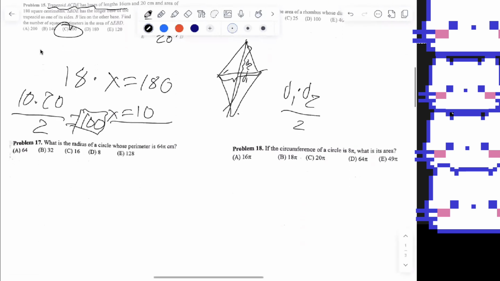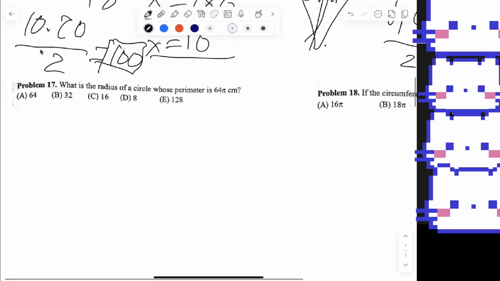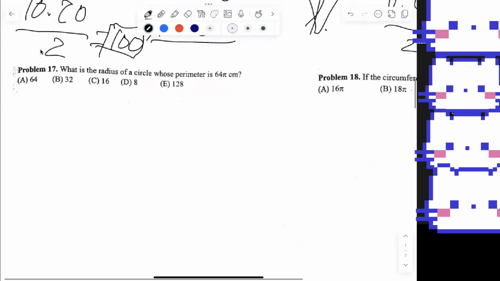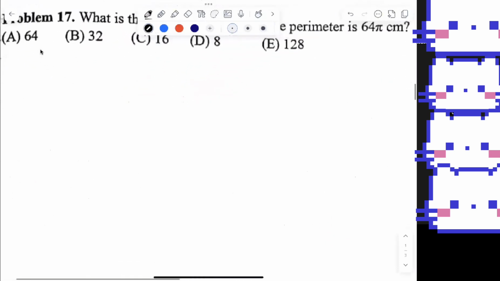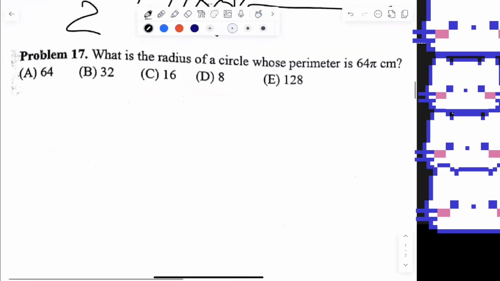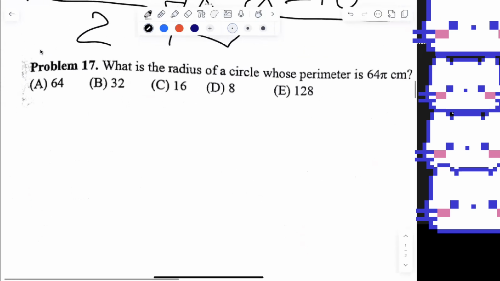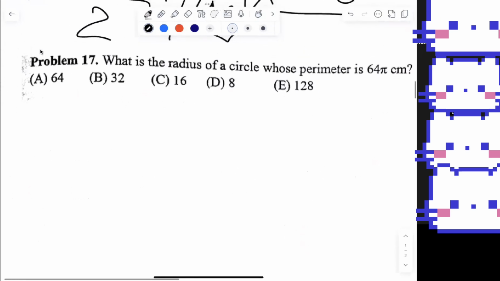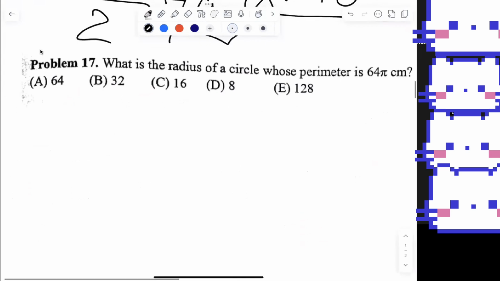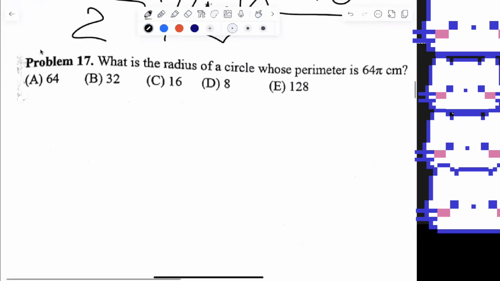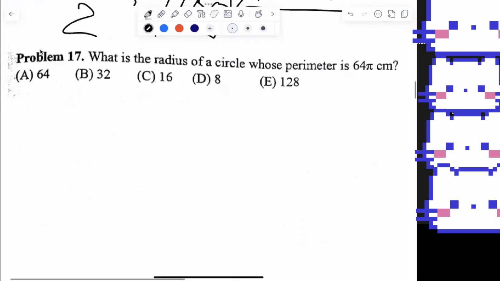Now, this one, we know the area of a circle is pi r squared. So basically all we have to do right now is find the radius. 2 pi r is equal to 64 pi, so r equals 32.